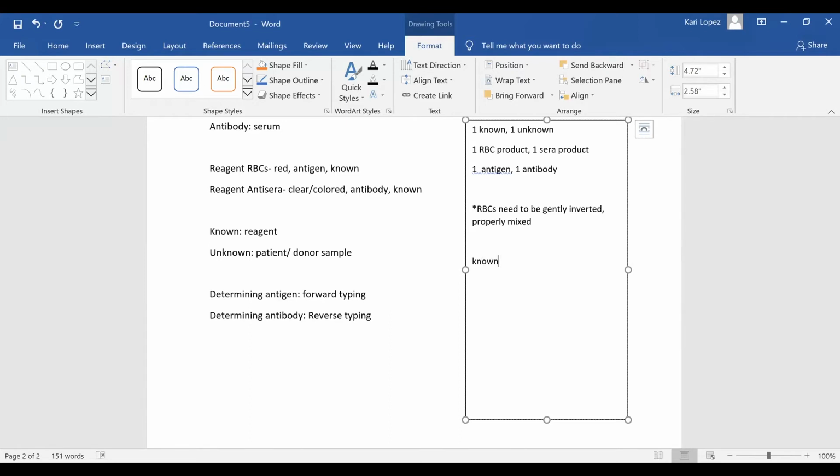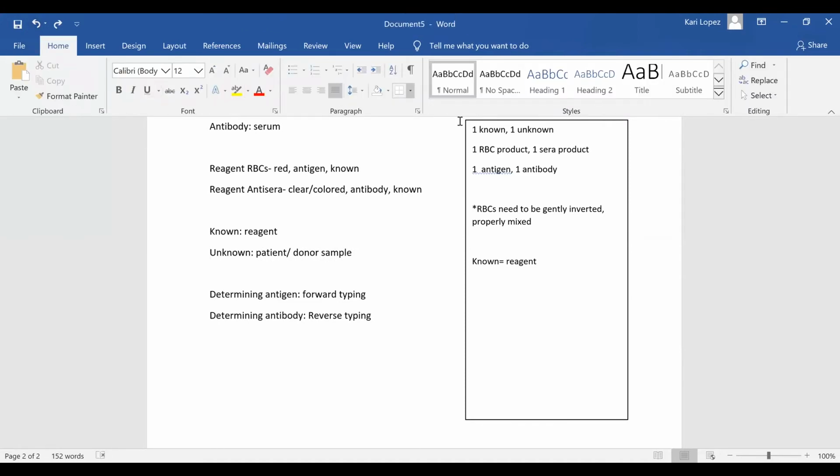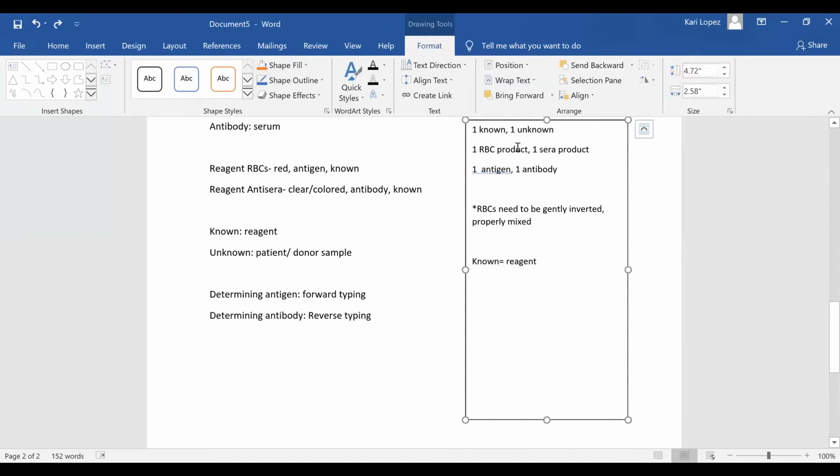So you have your known, which is going to be reagent. I pre-made this chart, I'm sorry.